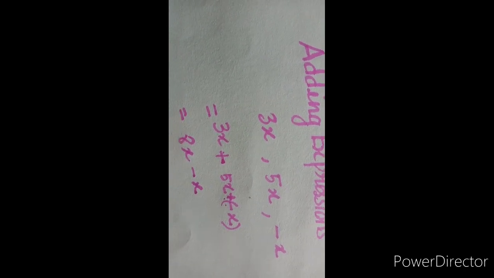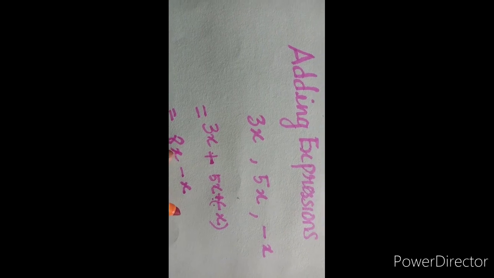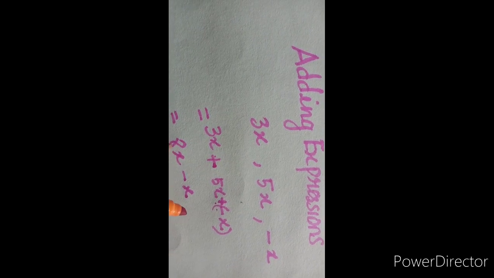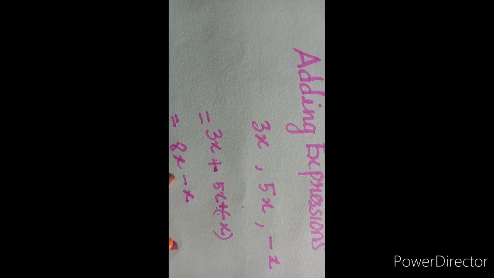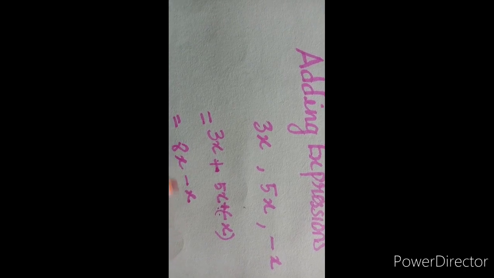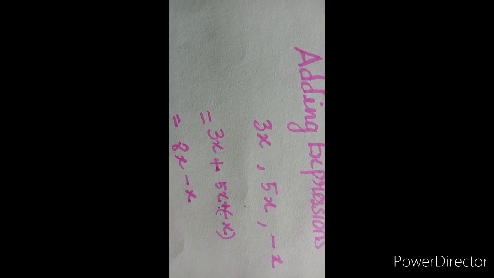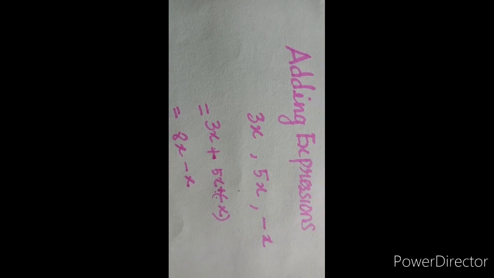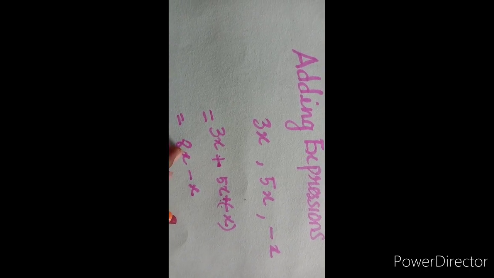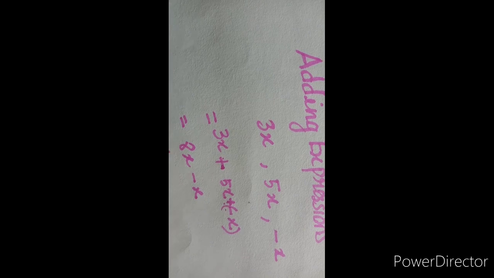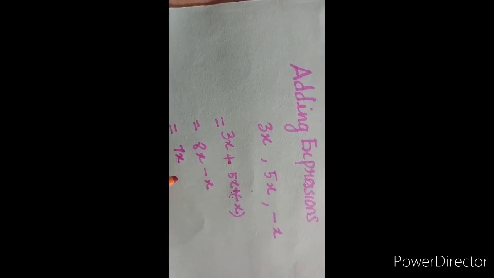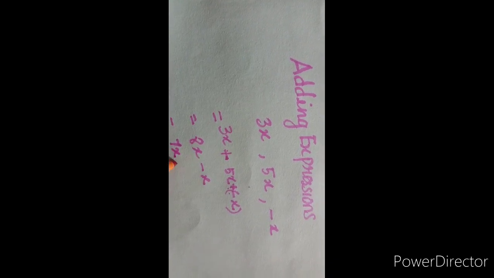Now here also the same variables are there. 8x minus 1x is 7x. The bigger one has a positive symbol, so the answer is positive 7x.